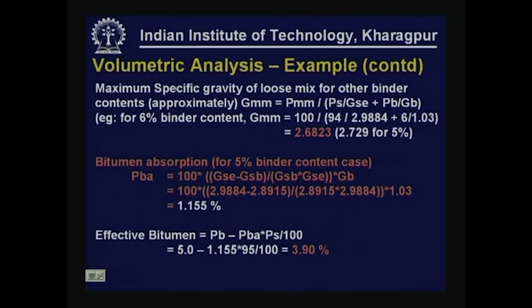The effective bitumen content after deducting the bitumen that has gone into the surface pores of aggregates can be calculated using this expression: PB minus PBA into PS, where PS is the proportion of aggregates divided by 100. So, 5 minus 1.155, the percentage of bitumen that is absorbed, into 95 divided by 100, that is about 3.97%. So, we have put 5% bitumen, but 3.97% is what is available to effectively coat the aggregates.